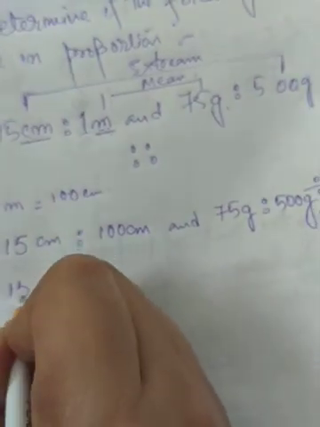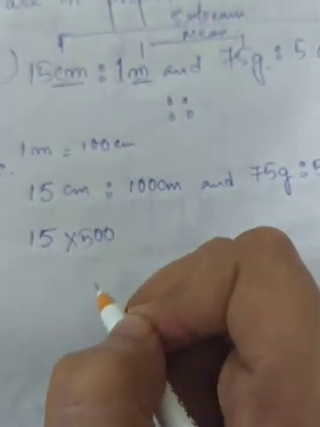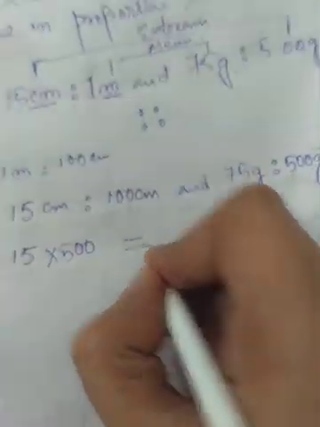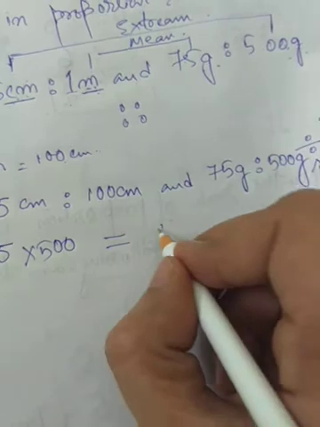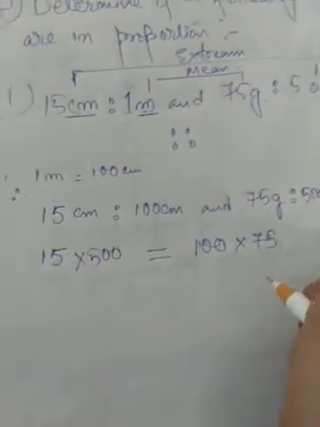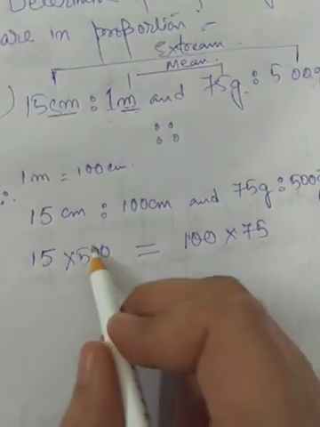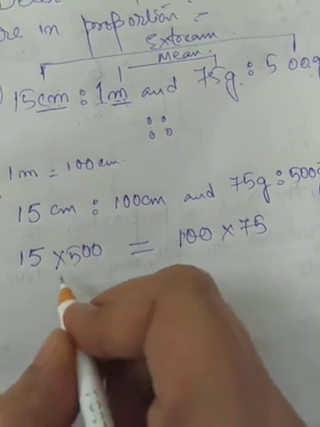What is the multiplication of the extremes? One extreme is 15, another one is 500. And the multiplication of the means: one mean is 100, another is 75. So if both these are equal, then we can say that they are in proportion.